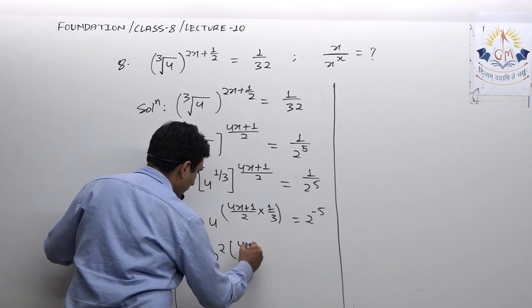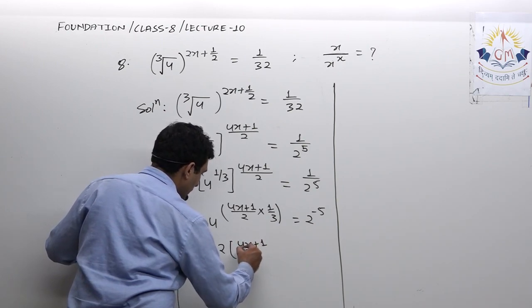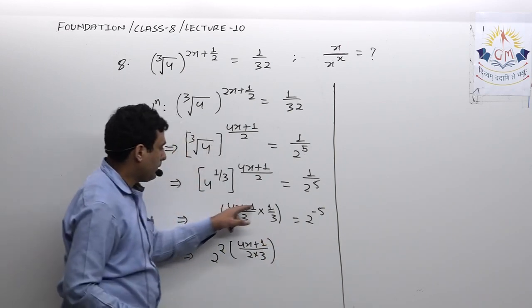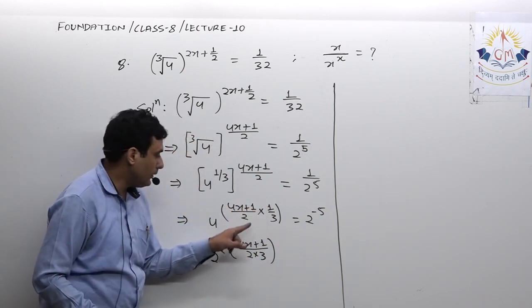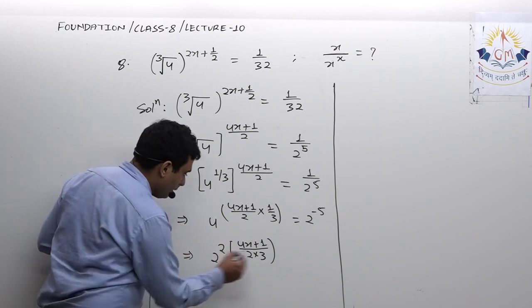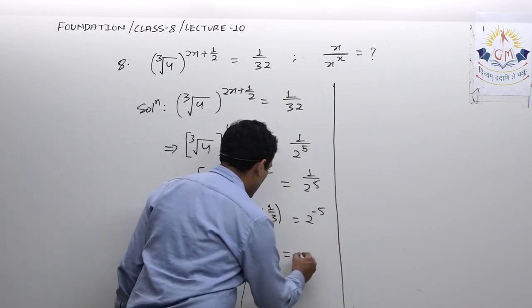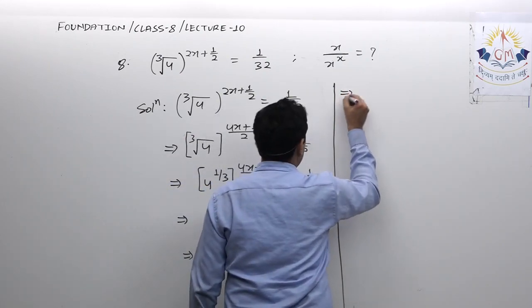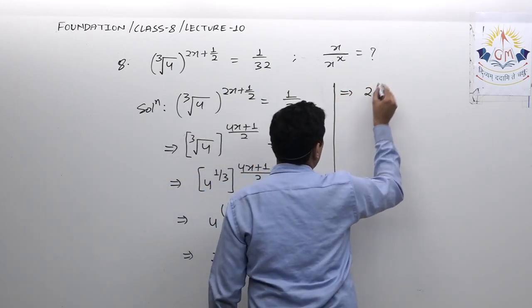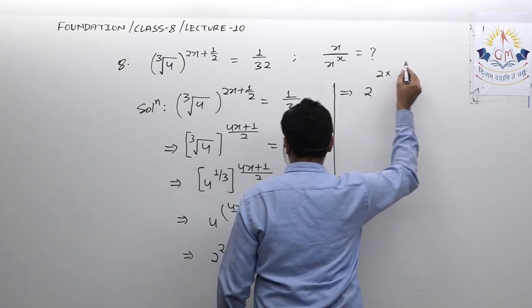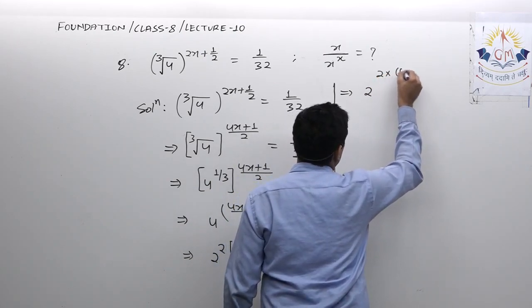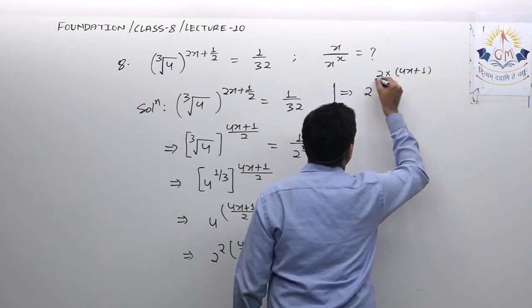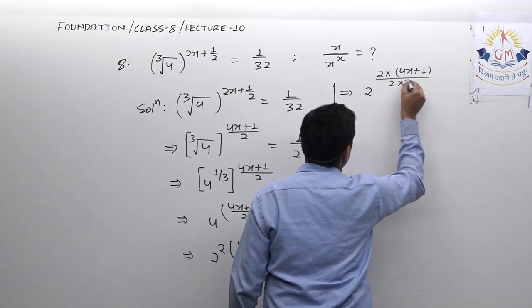Okay, 4x plus 1 upon 2 into 3. Okay, 4x plus 1 into 1, that is 4x plus 1, 2 into 3 I took as it is. Now this 2 and 2 I will cancel out, is equal to 2 raised to minus 5. Therefore here I will get 2 raised to 2 multiplied by 4x plus 1 divided by 2 multiplied by 3.